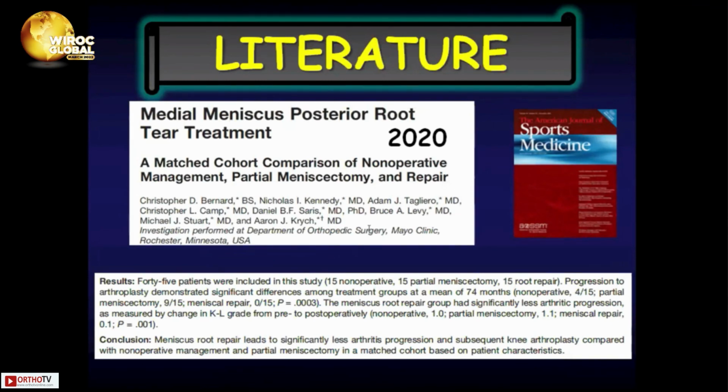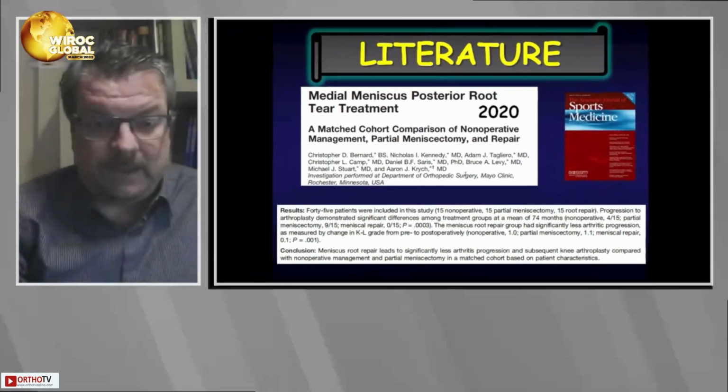What about the literature review? If we see the most recent reviews and meta-analyses, we can find out that the meniscus root repair leads to significantly less arthritis progression and subsequent knee arthroplasty compared with non-operative management and partial meniscectomy in a matched cohort based on patient characteristics. And what about the meta-analysis?